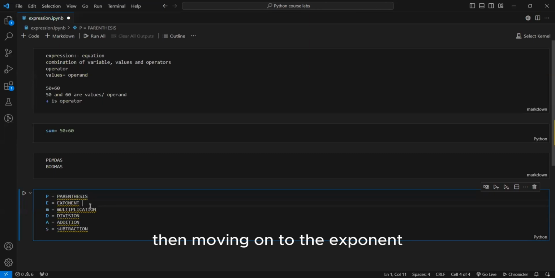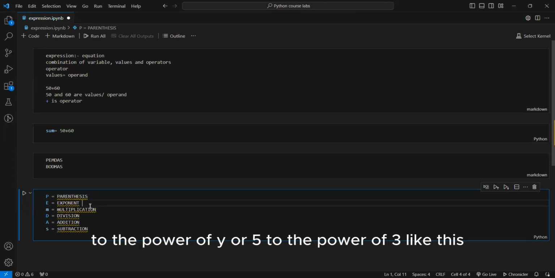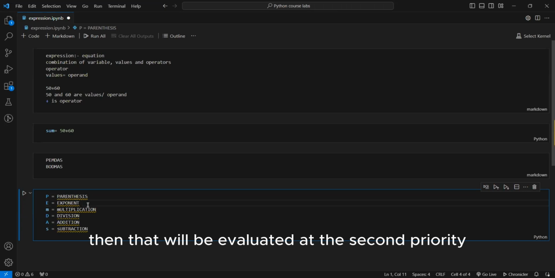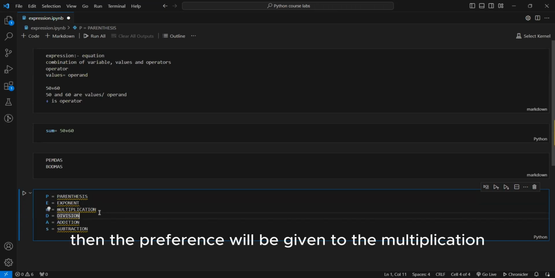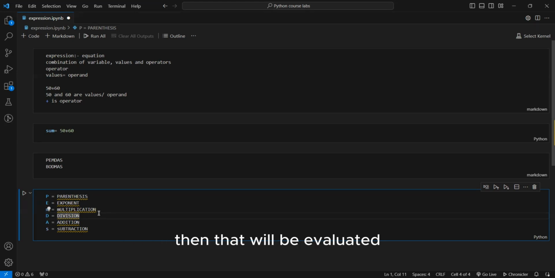Then moving on to the exponent, if there is any power, like x to the power of y or 5 to the power of 3, that will be evaluated at the second priority. Then the preference will be given to multiplication. If there is any value under a multiplication, that will be evaluated. Moving ahead with the division, addition, and then the subtraction.